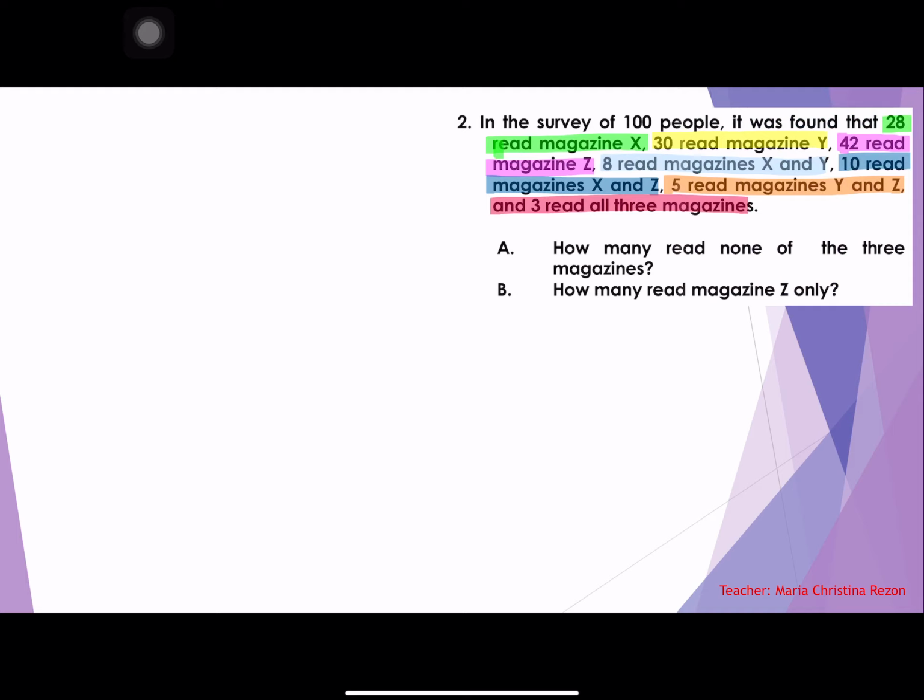So I have here the problem, and let's do some representations.